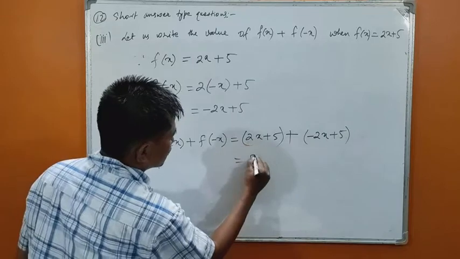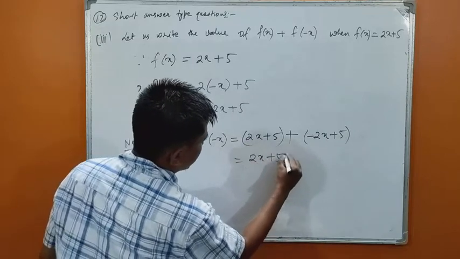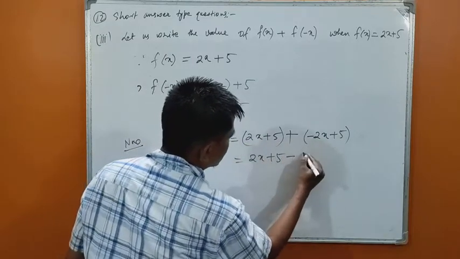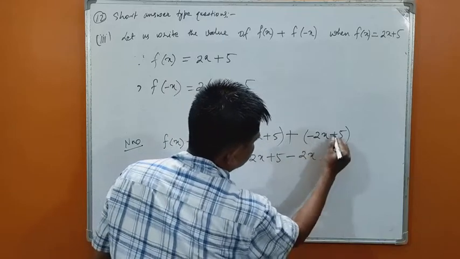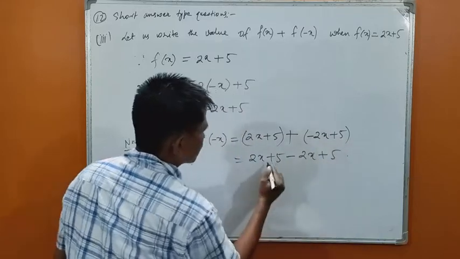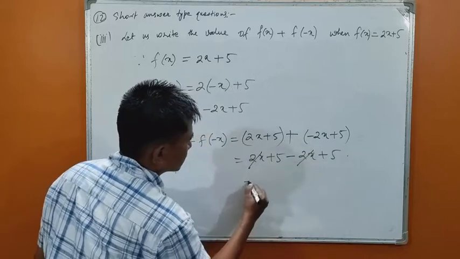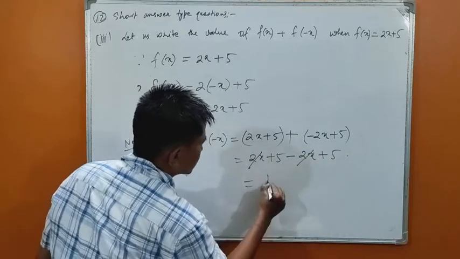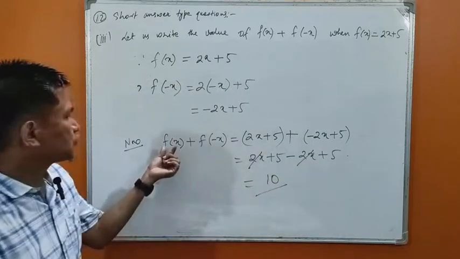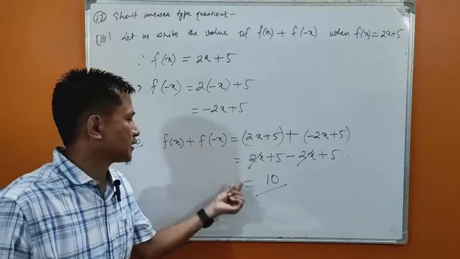So this gives 2x plus 5, plus minus 2x, plus 5. So plus 2x and minus 2x cancel, plus 5 and plus 5 is 10. So the value of f(x) plus f(minus x) is 10.